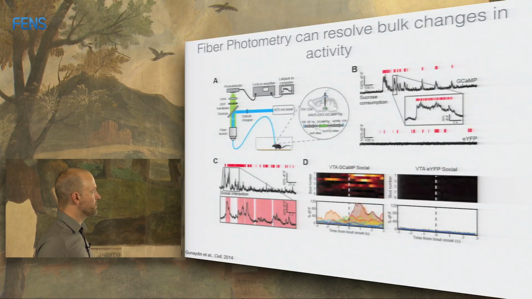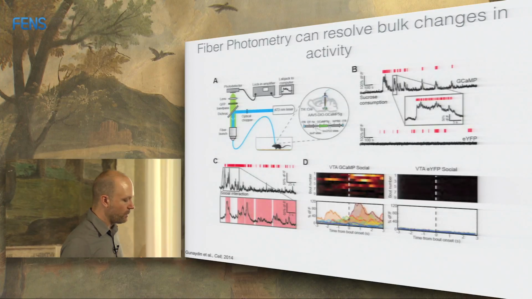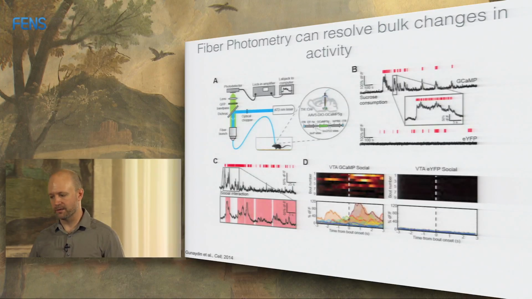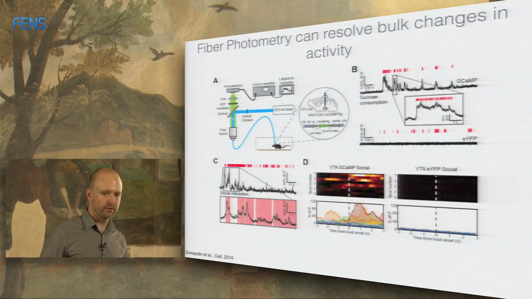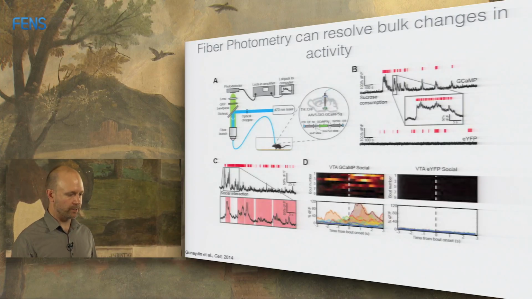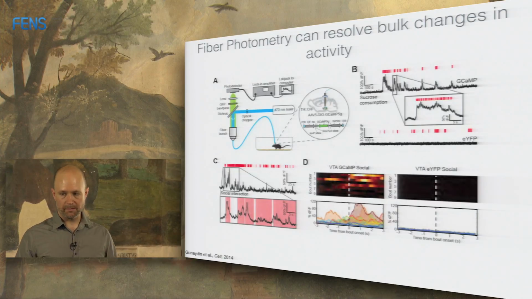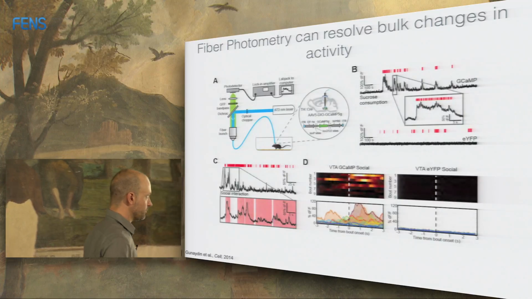This is an approach that uses fluorescence as a readout of neural activity. However, it doesn't give you cell-level resolution. You're getting a bulk fluorescent signal that is an aggregate of activity from many cells or projections from many cells.